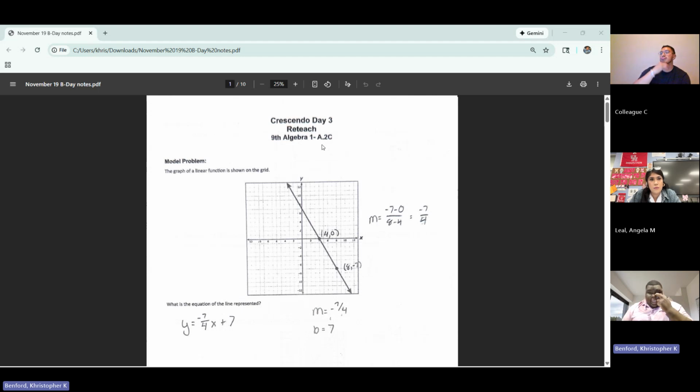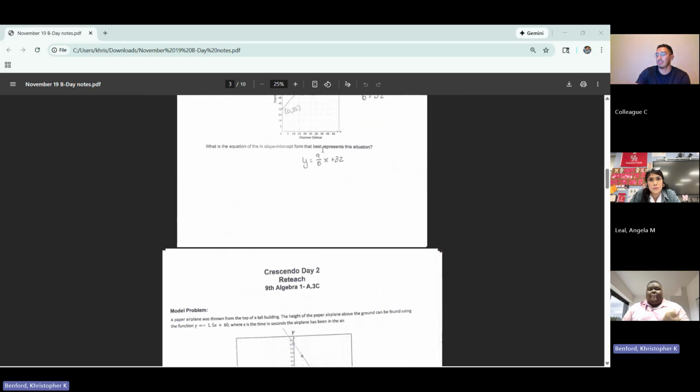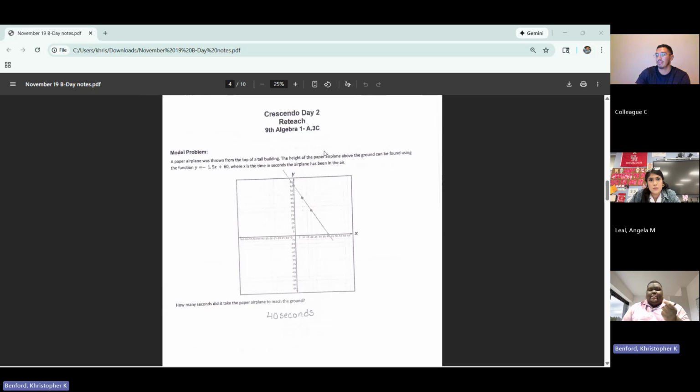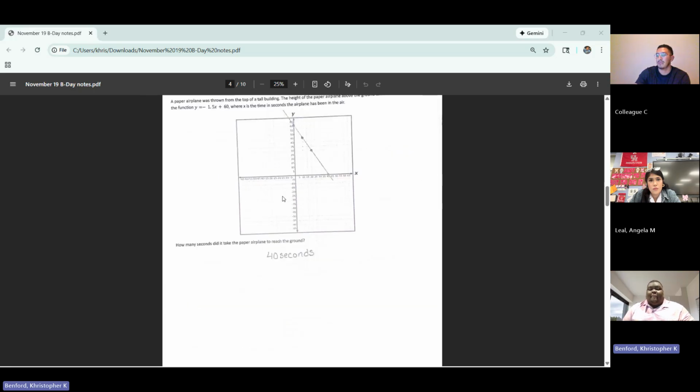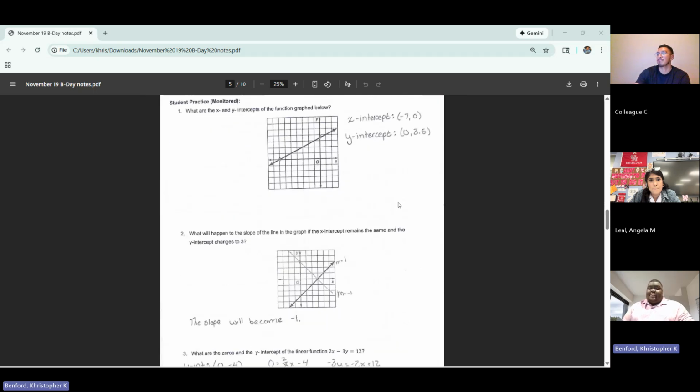After we do slope, they'll do their model problems, which we'll get further into. And then we'll get into the reteach of TEKS 8.3C. In 8.3C, we're talking about finding 2 points on the line when we're given the function, and how we can find the answer when provided a function, and also identifying our x and y intercepts.